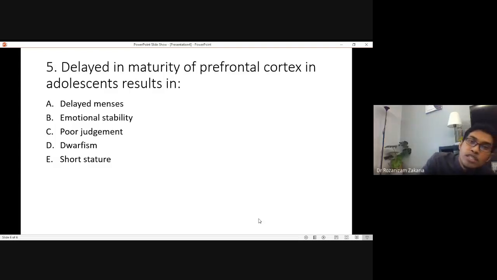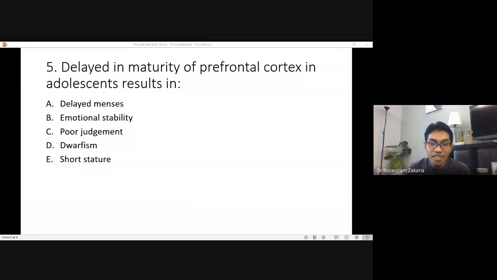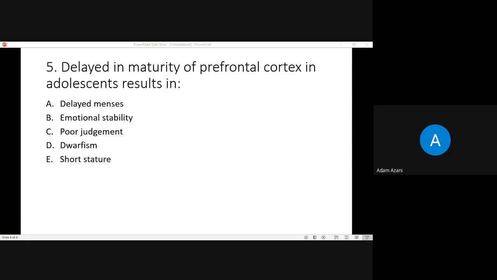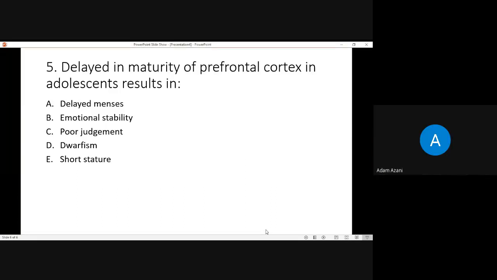So delay in maturity of prefrontal cortex results in A, B, C, D, E. Senang je kan soalan saya buat untuk year 1. So tak payah risaulah. Senang je. Psychiatry punya part ni senang. Yang lain-lain tu susah. Alright, so jawapan dia ialah C, poor judgment. Okay, alright.